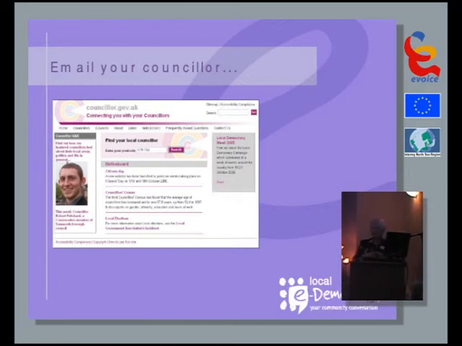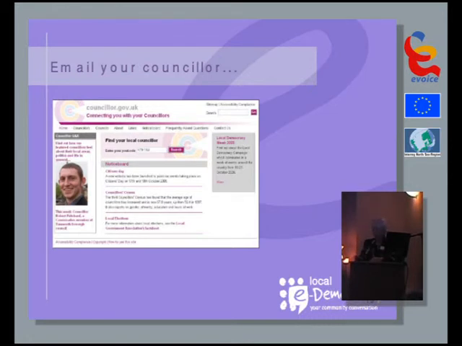Another one of the projects we've initiated is Email Your Councillor. On the face of it, a very simple idea. Anybody can go to this website and enter their postcode.